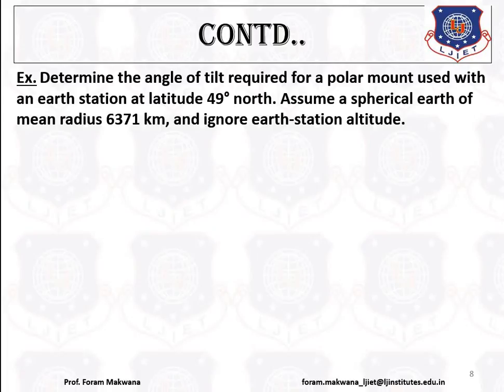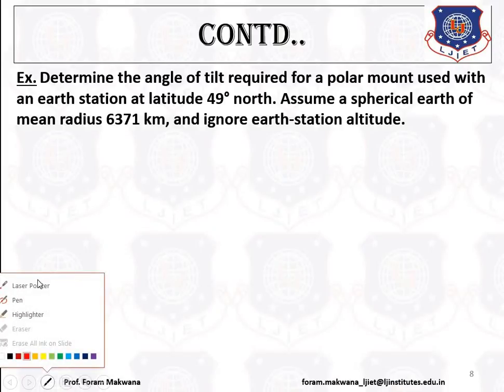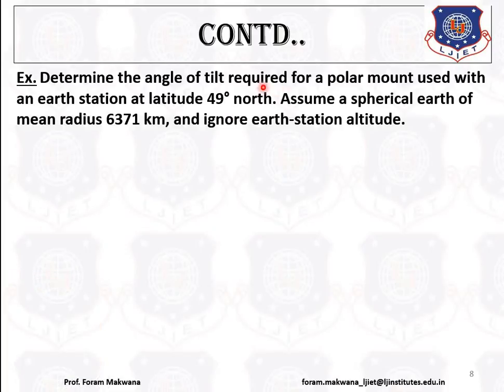Now we will take one example to calculate the angle of tilt. Determine the angle of tilt required for the polar mount antenna used with the earth station at latitude 49 degrees north. Please make a note that it is north. Assume a spherical earth of mean radius 6371 km.